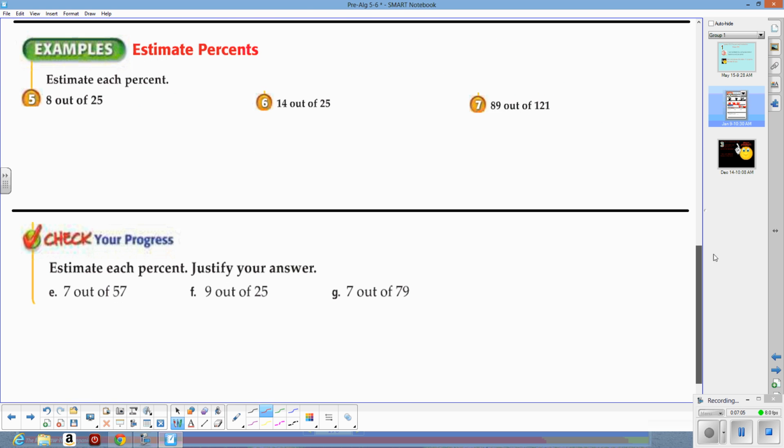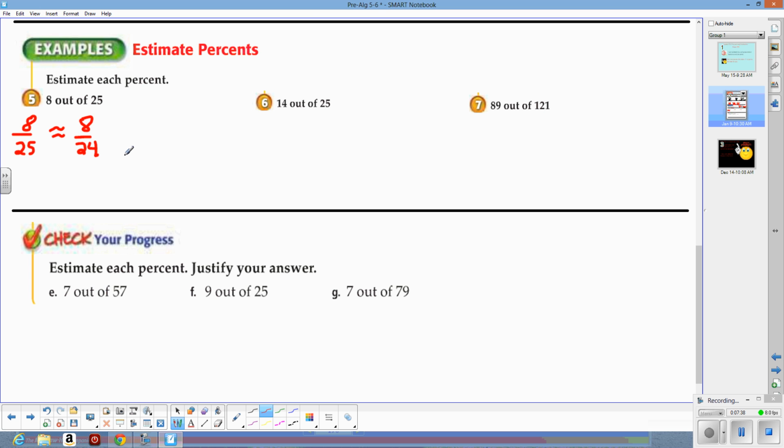All right, the last type of problem we're going to do is estimate percents. So we're going to start off by writing these as ratios, 8 out of 25. And then we're going to manipulate it or change it a little bit so we can make it into a ratio that's one of those common fractions that we do know the percent equivalent of. So 8 out of 25 isn't very pretty, but 8 out of 25 is very close to 8 out of 24.